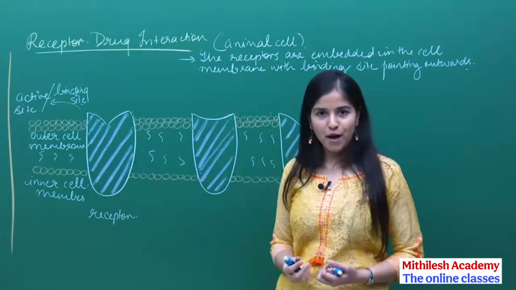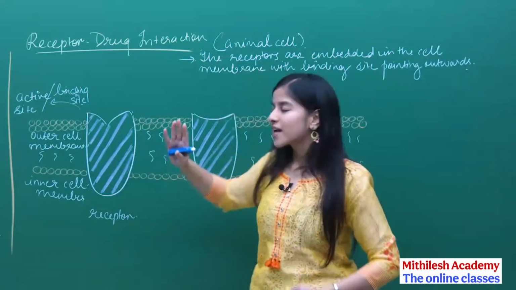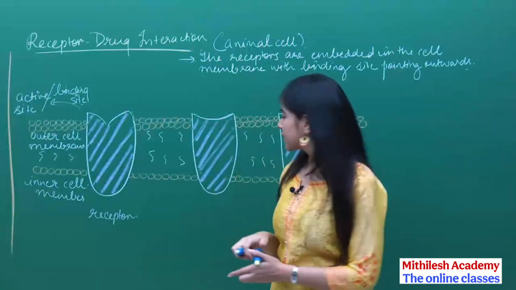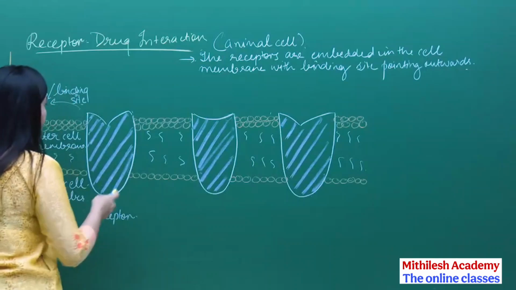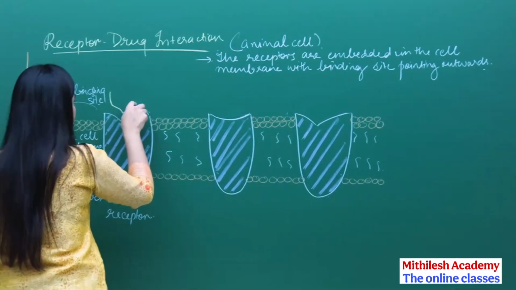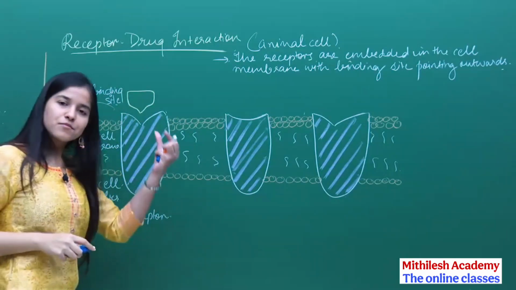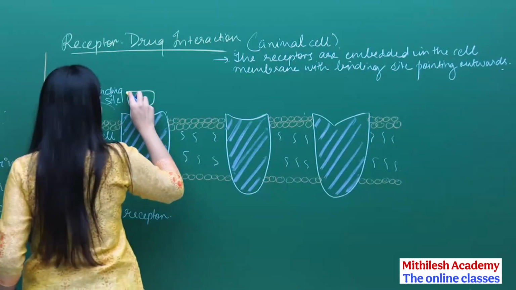Now what happens? A chemical messenger will try to reach out to these receptors. So if I draw a chemical messenger something like this, let us say this chemical messenger is trying to reach out over here.